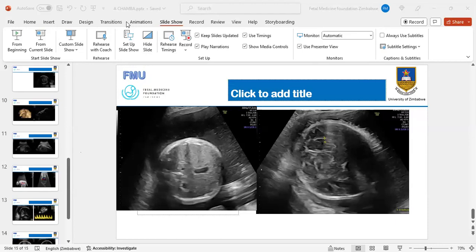Then the other question is to do with the dating of the pregnancy. You said you first saw her at 32 weeks and suspected early fetal growth restriction.